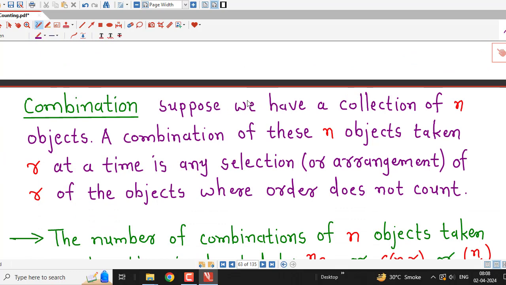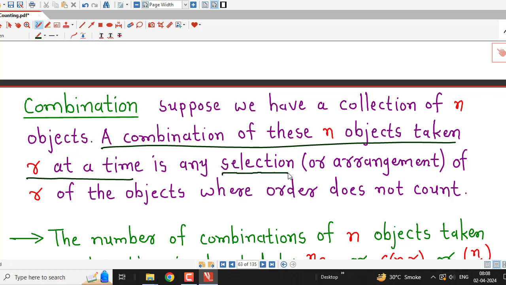I have written the definition. Suppose we have a collection of n objects. A combination of these n objects taken r at a time is any selection or arrangement of r of these objects where order does not count.